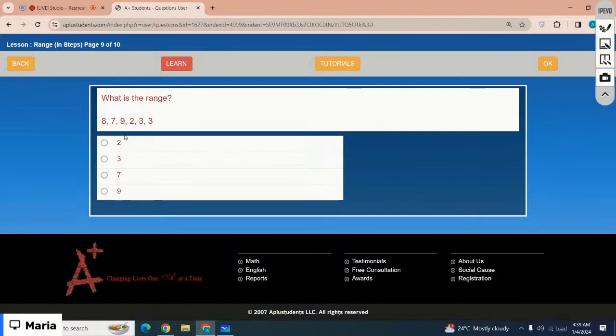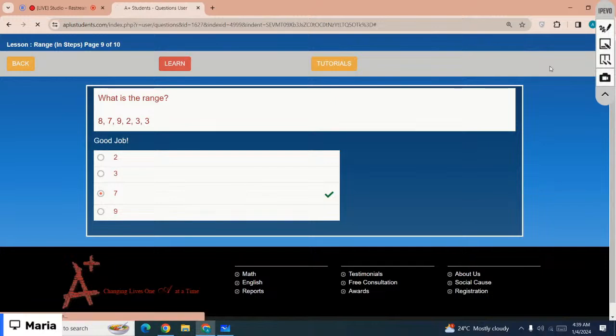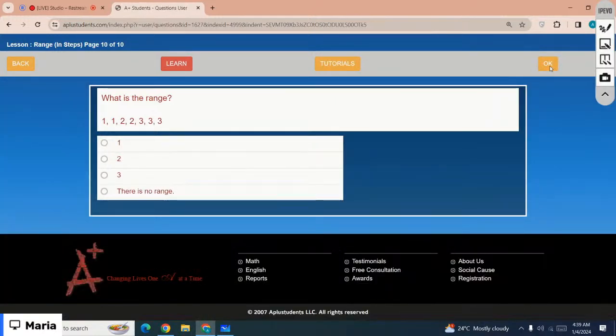The correct option is 9 minus 2, and that is 7. The correct option is 7. What is the range?